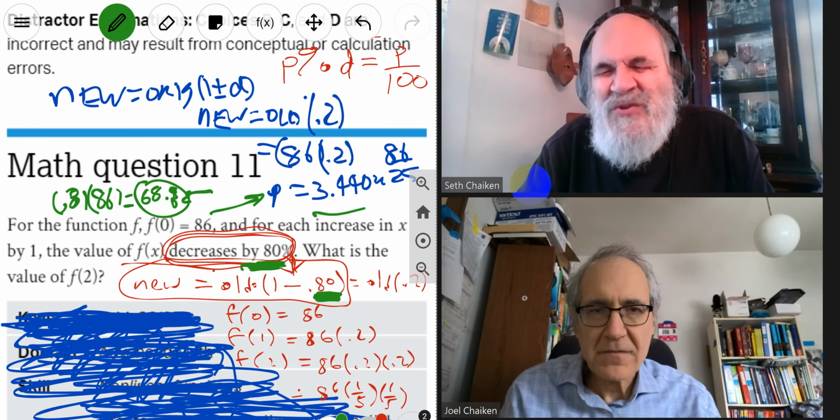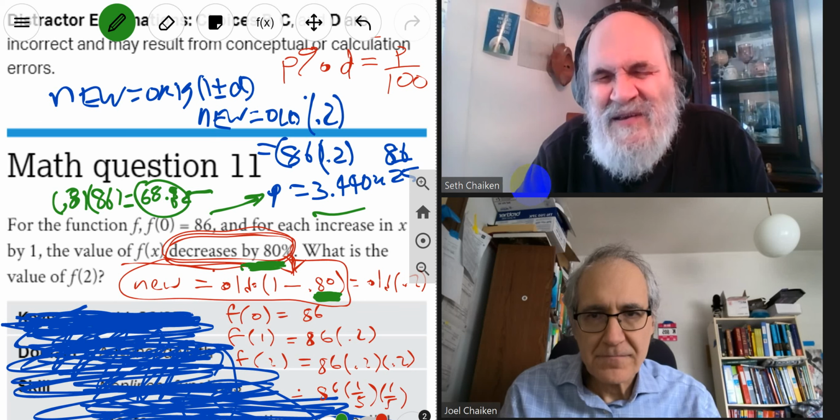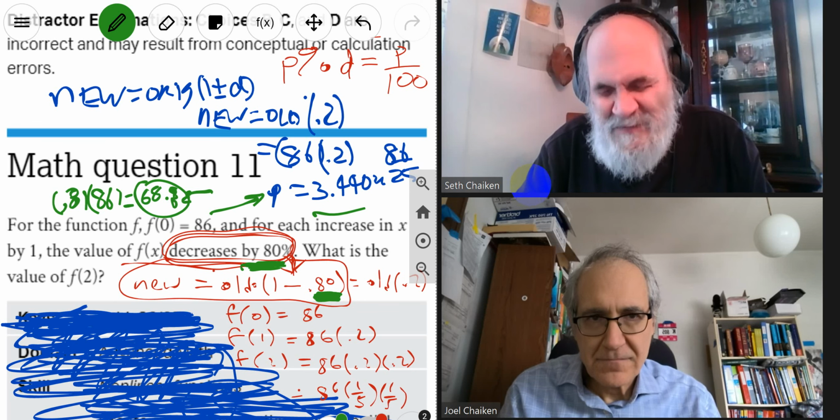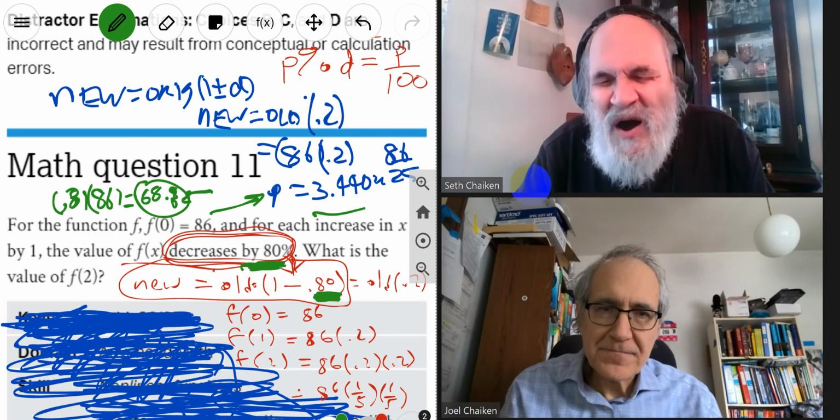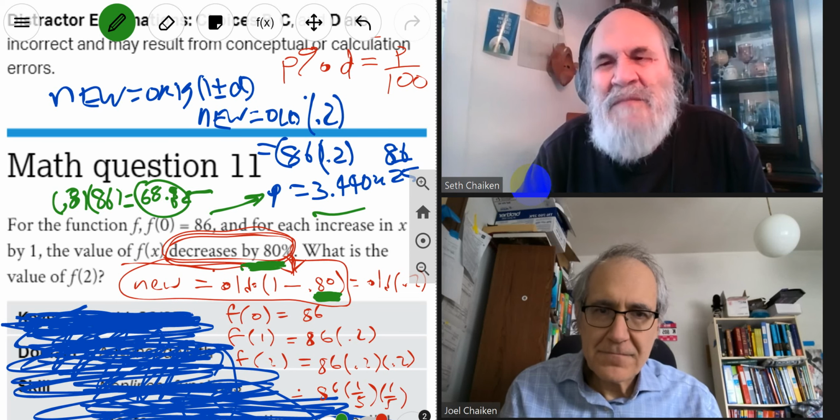It means you multiply it by 8/10, yes, but then subtract that product from the original. And that's what decreases by 80% means.